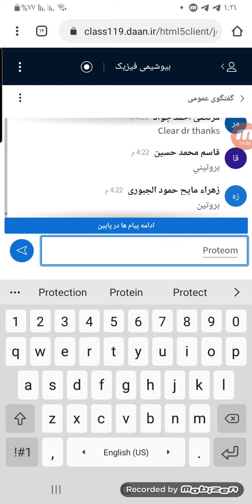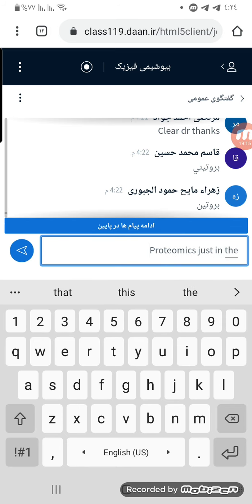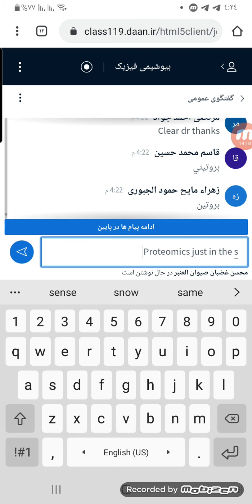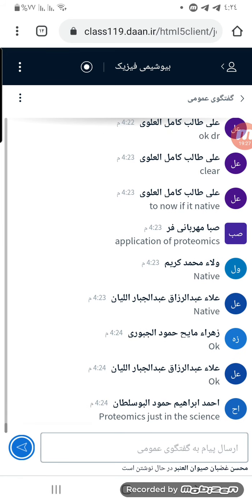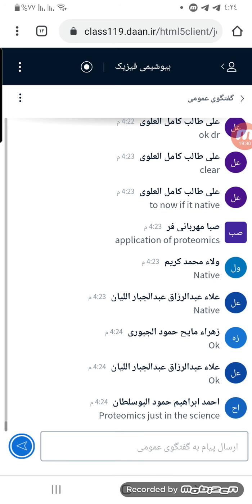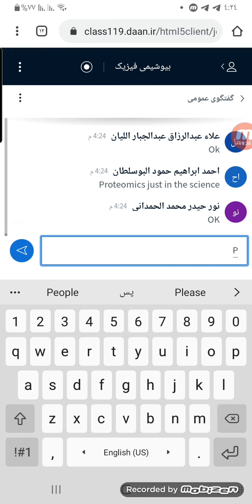By using proteomics, we can understand which of them is a cancerous cell and which of them is normal, because the protein profile of a cell changes in different diseases. We can use it for detecting cancer cells, for example.